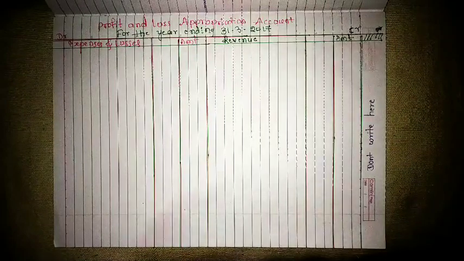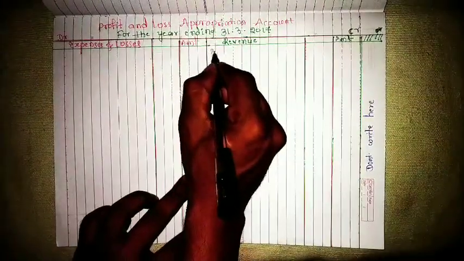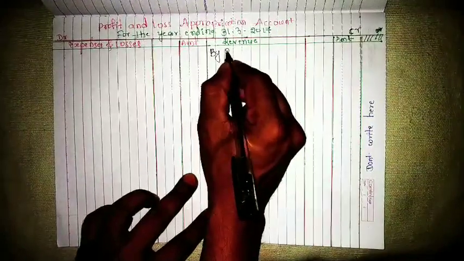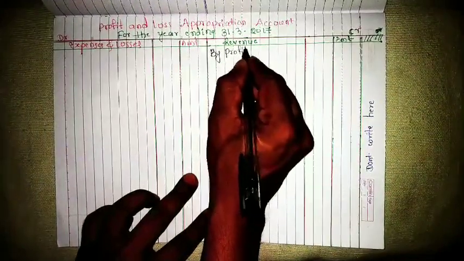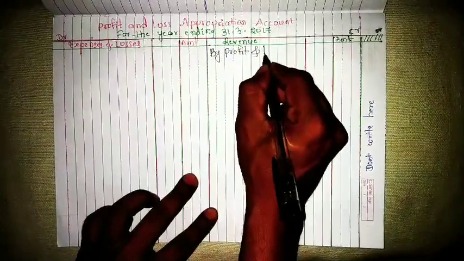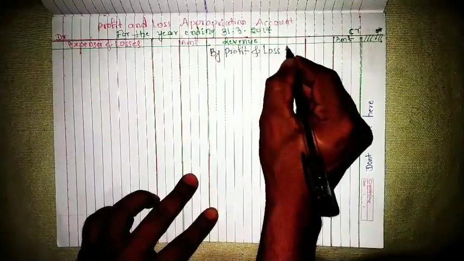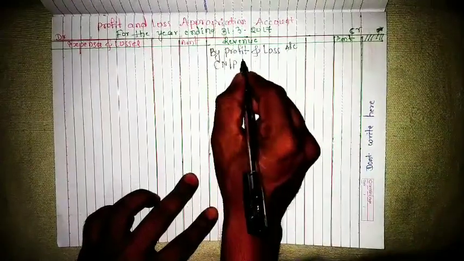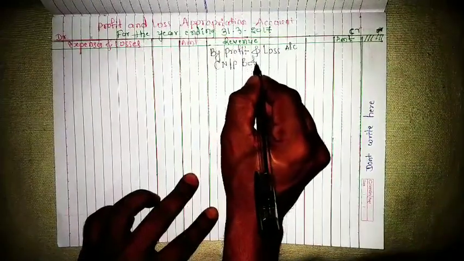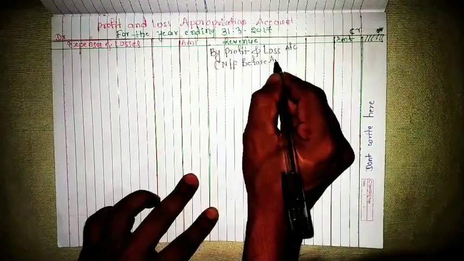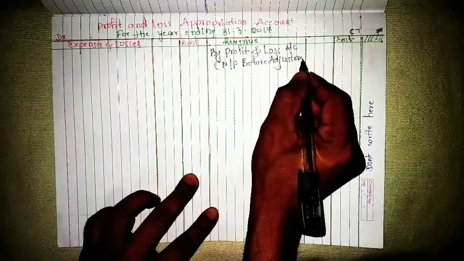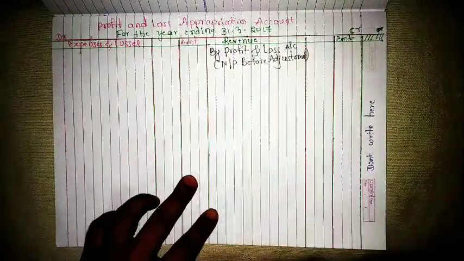Before adjusting, right here, by profit and loss account, into bracket NP, before adjustment.